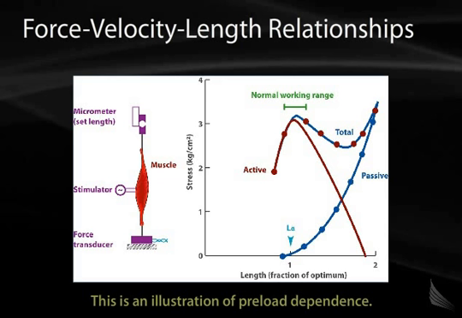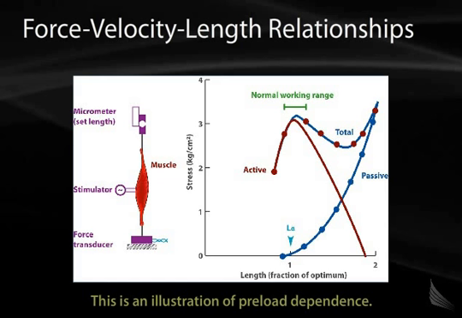If you were to subtract the passive curve from the total curve, one will obtain this curve in deep red or brown, this upside down U shape, and this corresponds to the active tension produced by the muscle. This active tension is produced by all the physiological processes that we've been discussing.